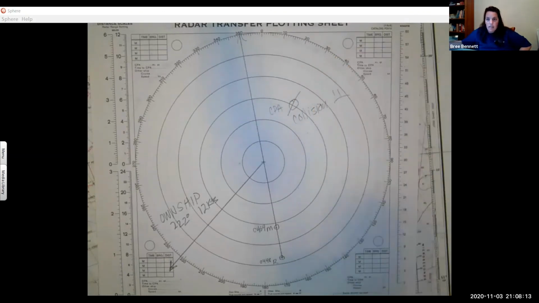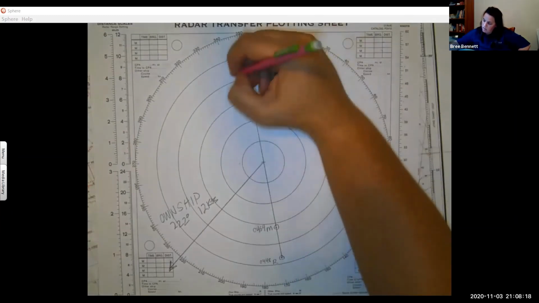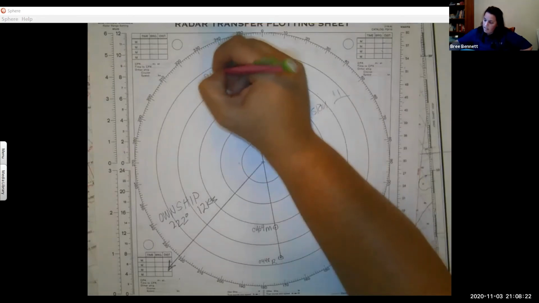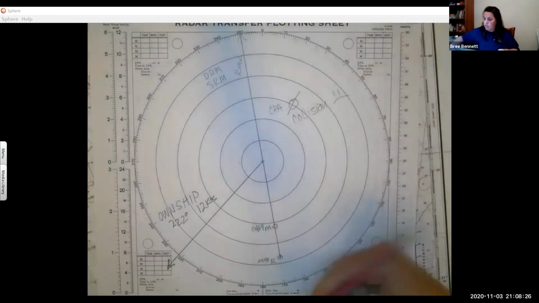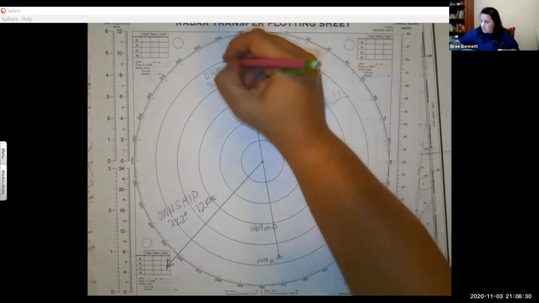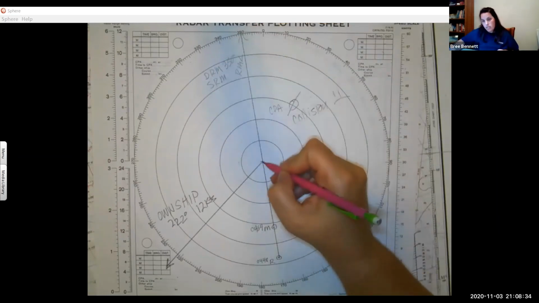Don't like it. Our RML, or direction of RML, speed of RML. Our direction is 350. I didn't have to parallel this one because it's already crossing through the center.